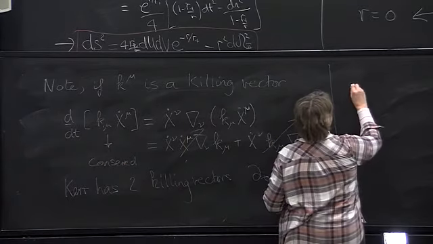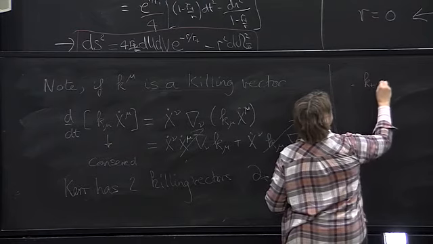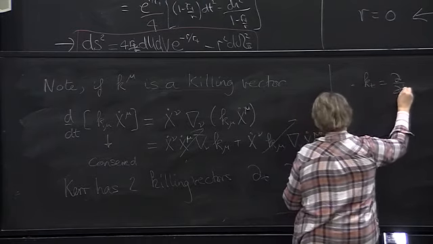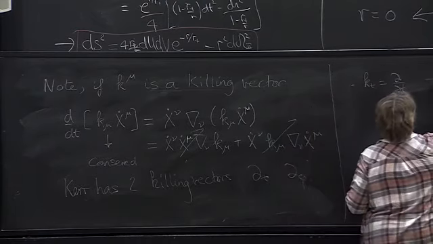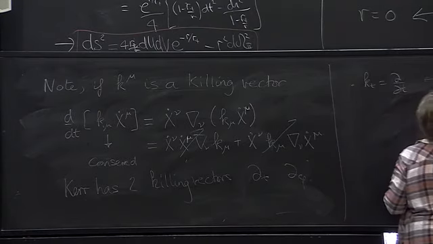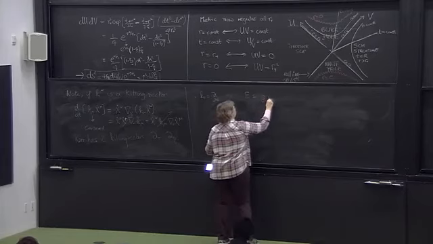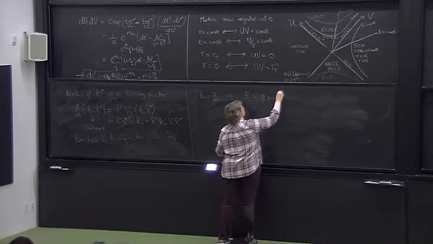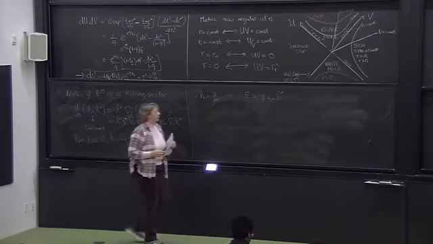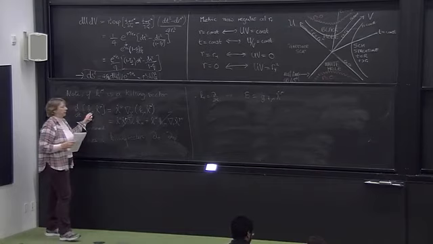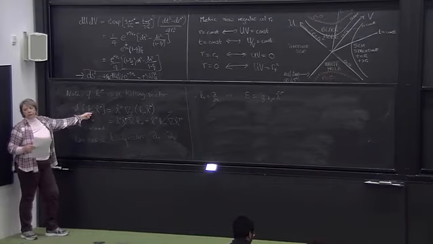So let's have a look at d by dt. So this corresponds to a conserved energy, where our downstairs components of k_μ are g_tμ.